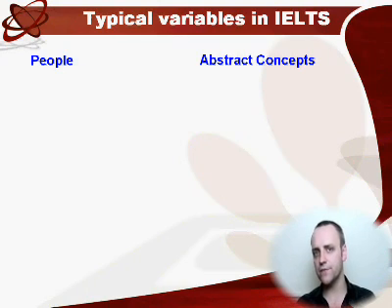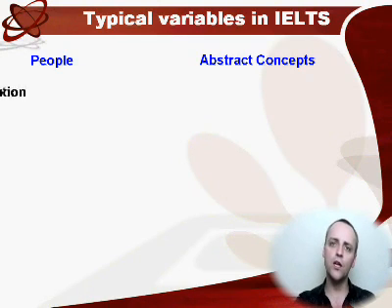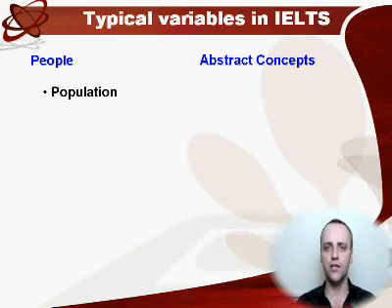So what do I mean by this? Well, for example, people, you might be asked to describe population. So what about the population? The number of people who live in a certain place. It could be in a country, in a particular city, in the countryside, or it could be moving from the city to the countryside, and so on.